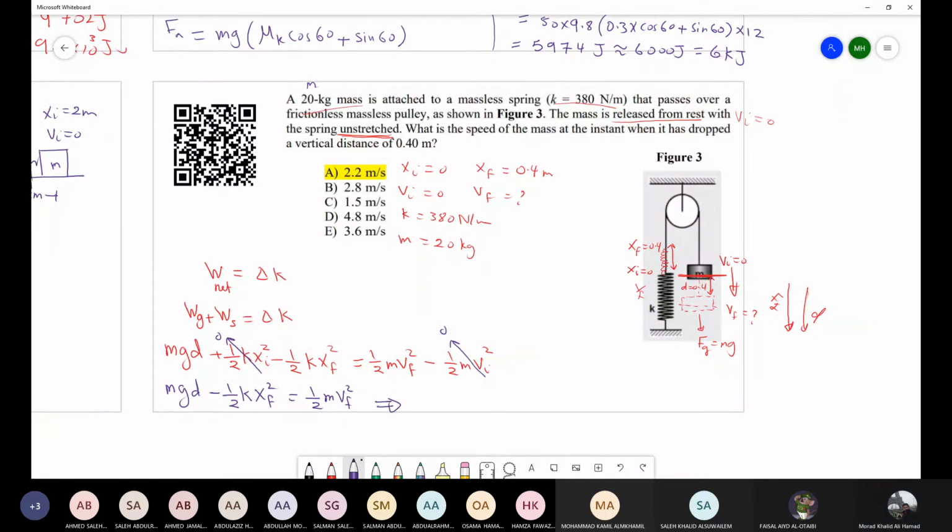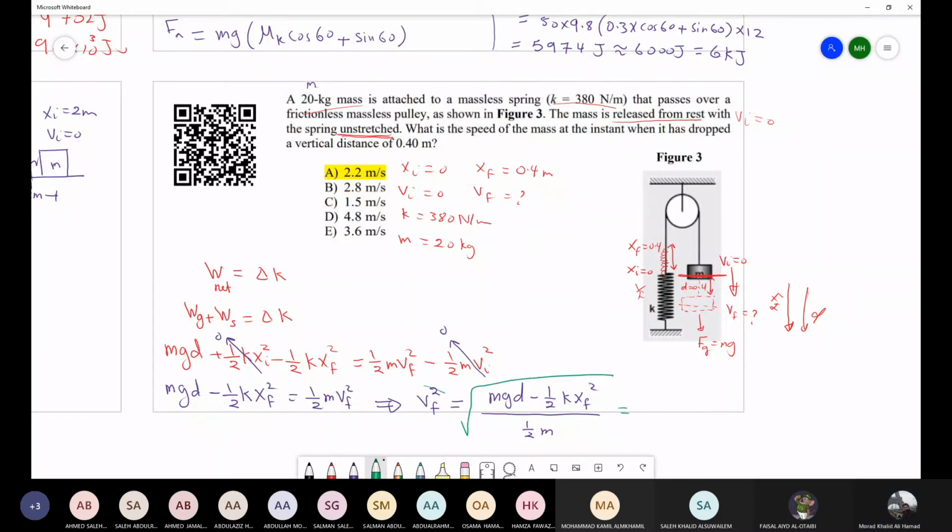So I say that v final squared is equal to (mgd minus 1/2 k x final squared) divided by 1/2 m. But I'm looking for v final, so I remove this square and take the root.